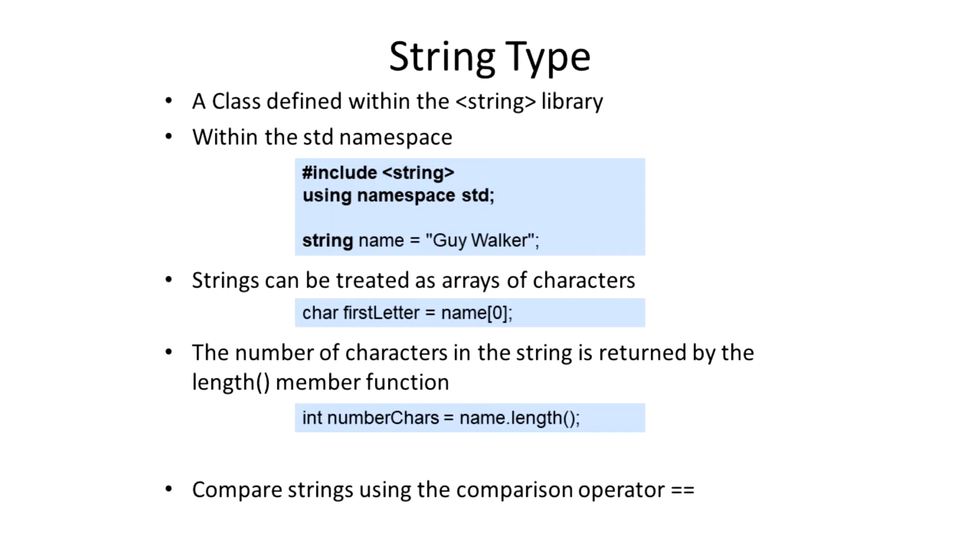So lots of useful functionality there that you can use within your programs. This is located in the standard library, so you can get access to it by using the namespace std, and that will grant you access to the string class, meaning that you can then set up string variables.